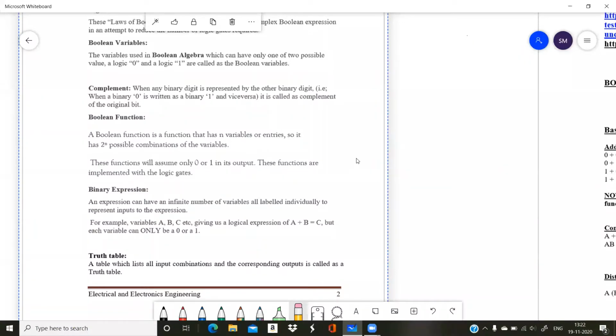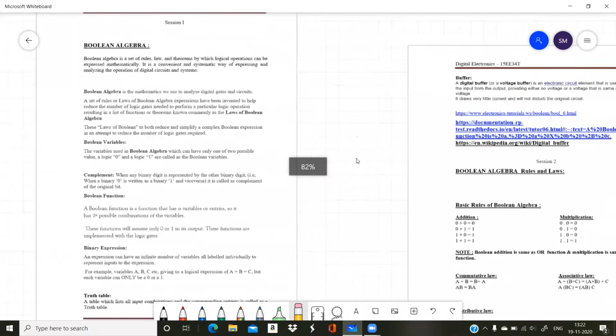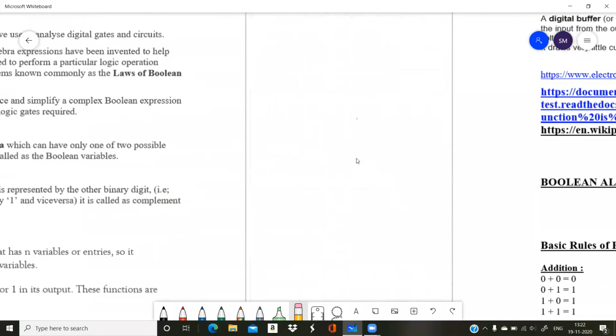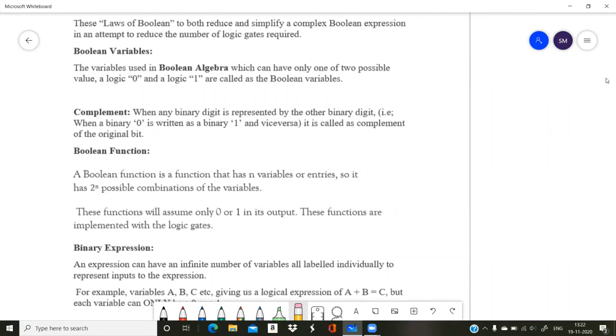Next definition is Boolean function. So Boolean function is nothing but a function that has n variables or entries. So it has 2 to the power n possible combinations of the variables.